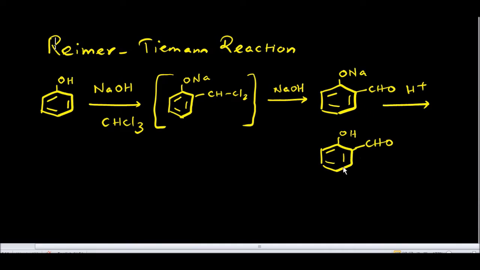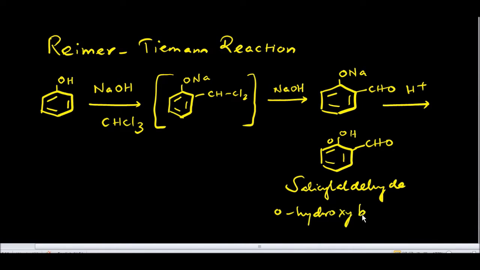This compound is called salicylaldehyde, an ortho substituted compound. In the ortho position, one hydroxy group is found, and hence its other name is orthohydroxybenzaldehyde. So this is the preferable product rather than the para product.